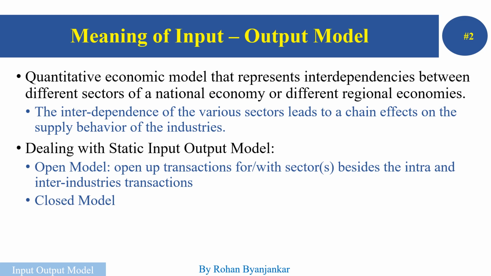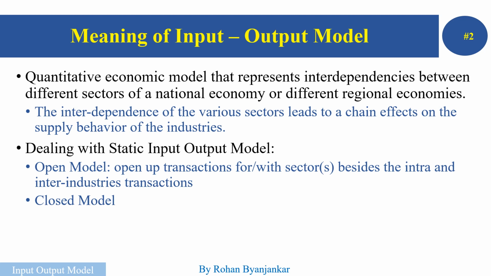The input output model is the quantitative economic model that represents interdependencies between different sectors of a national economy or different regional economies. This means that it shows the interlinkages between the various sectors within the economy.